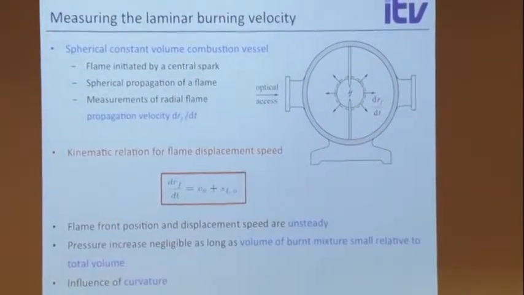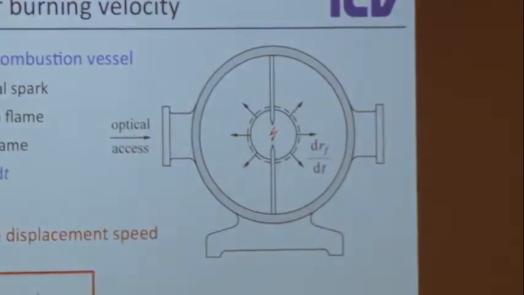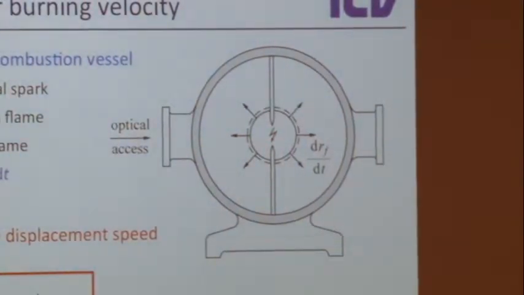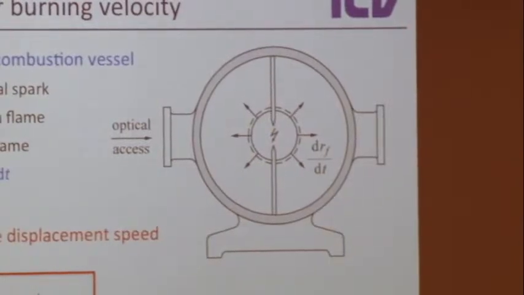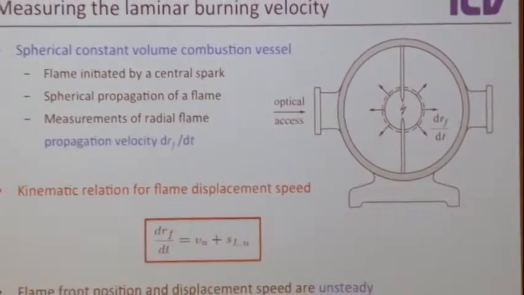You have a spherical chamber, you have electrodes that lead to the center of this chamber. So then you put a spark there. It ignites. So this is filled with a mixture of fuel and air. Let's say exactly the mixture of fuel and air that you want to know the burning velocity for. So the pressure you're interested in, the temperature, equivalence ratio, dilution, whatever you want.